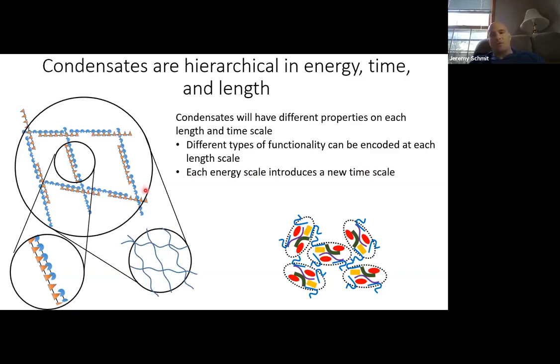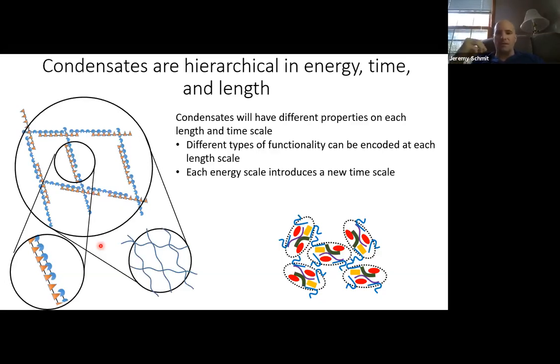Also, the way we're building this hierarchical structure is that we have to mix different energy scales together. We've got our strong interactions in here, and our weak interactions at the crosslinks. Every time you introduce a new energy scale, you are also introducing a new time scale, because strong interactions take longer to break than weak interactions.